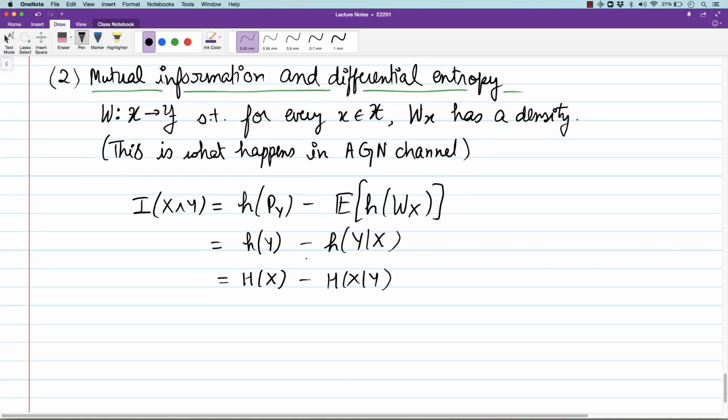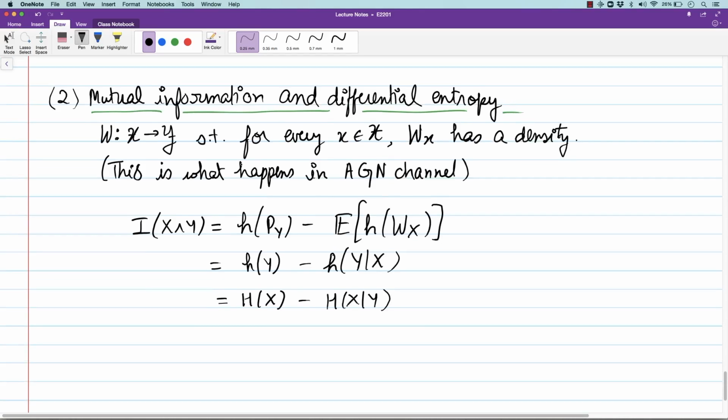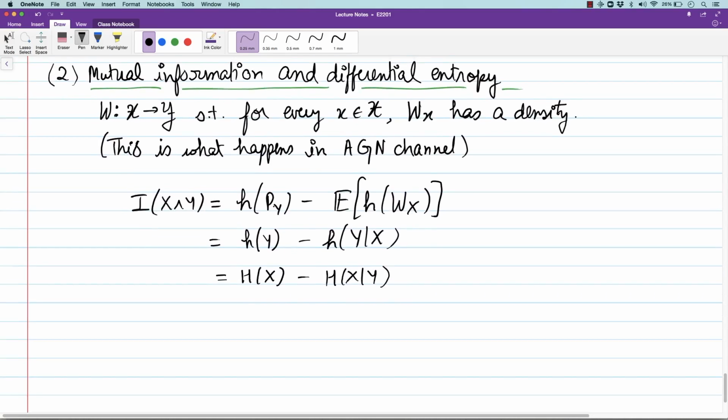But when you have a situation like a Gaussian channel, then the input would be discrete and the output would be continuous, and you will have to talk about mutual information between a discrete and a continuous random variable. So you should keep in mind that either you can expand in terms of differential entropy minus differential entropy or entropy minus entropy. Note that Y does have a density here. The density of Y is given by the average density of Wx. Okay, that's why you can talk about differential entropy of Y.